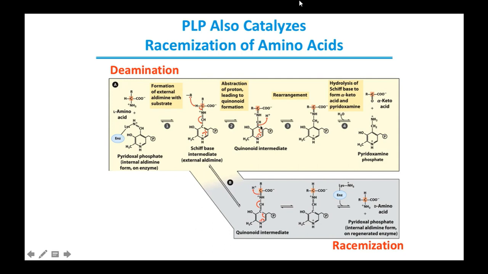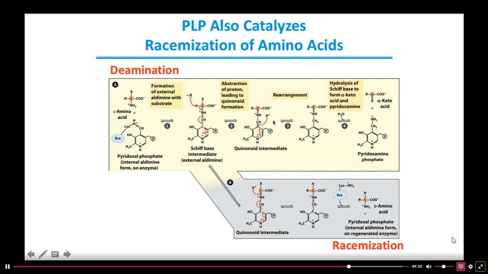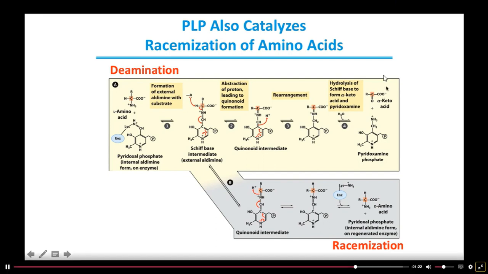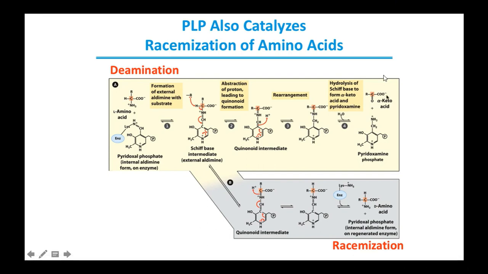Now we're going to pull them back out of the electron sink and regenerate a simple C-N bond. But now we have our imine up here instead of down here. We add the water, and that releases our alpha keto acid. That goes off. Now, that would be the amino acid coming in that's giving up its amine. But now I've got an amine stuck on my enzyme. I'm dead, right? I can't do anything.